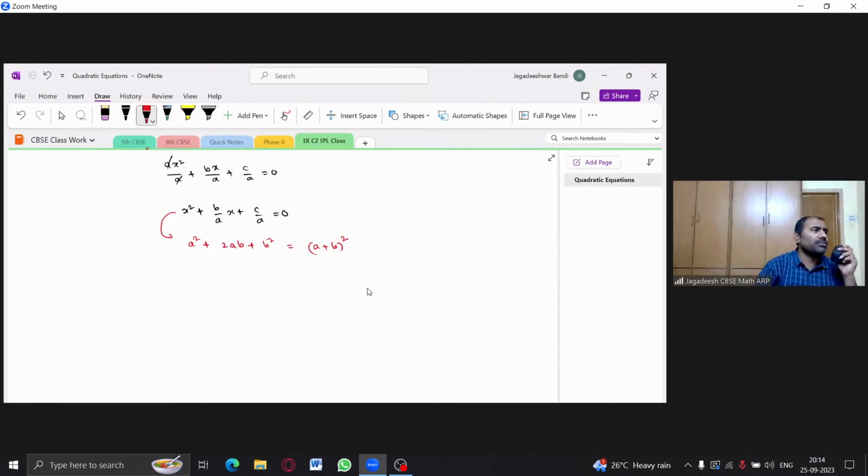So here x square is there, here a square is there. If I compare those two terms on the left hand side, x square and a square, the square gets cancelled. Indirectly, I'll get a value x. Okay, I got a value. I need to get b value now. Now let us compare the next two terms.